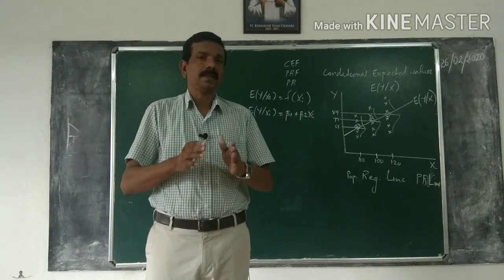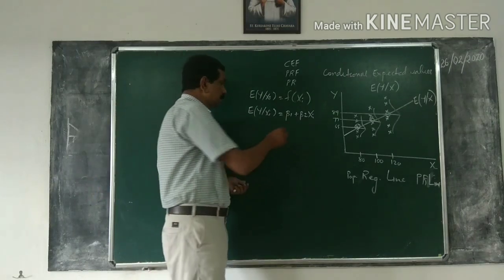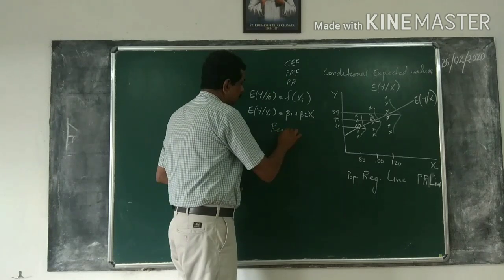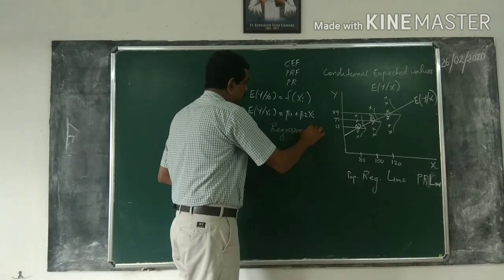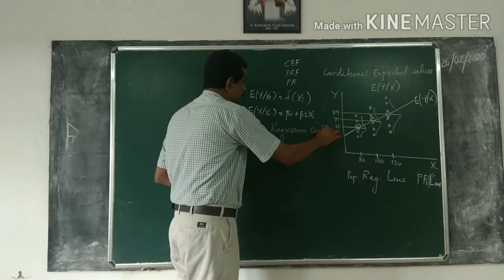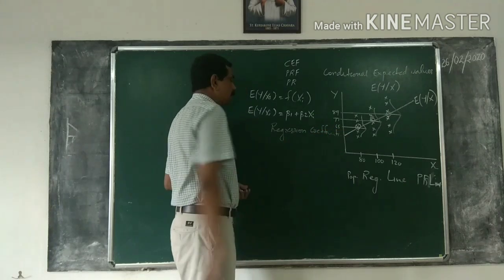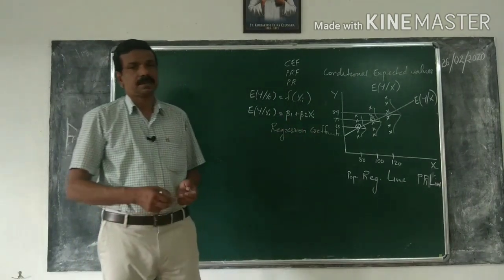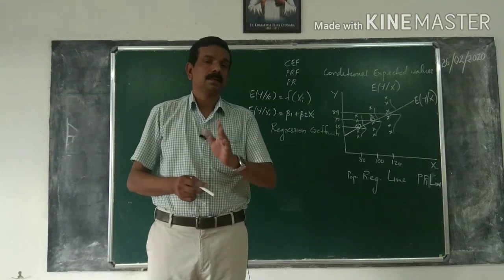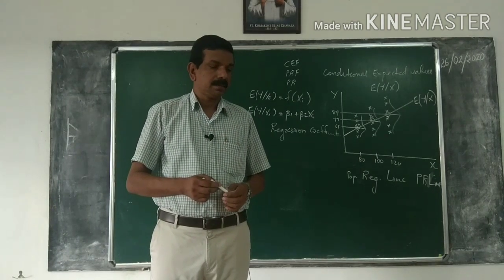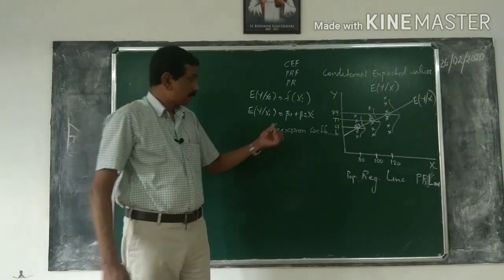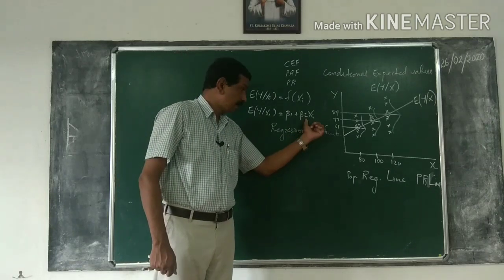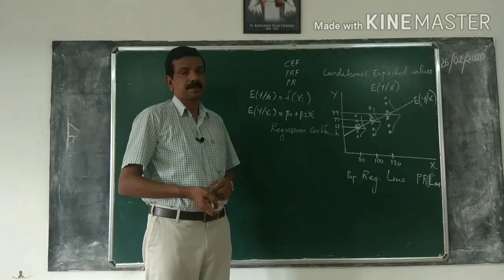And beta 1 and beta 2 are known as regression coefficients, beta 1 being the intercept coefficient and beta 2 the slope coefficient.